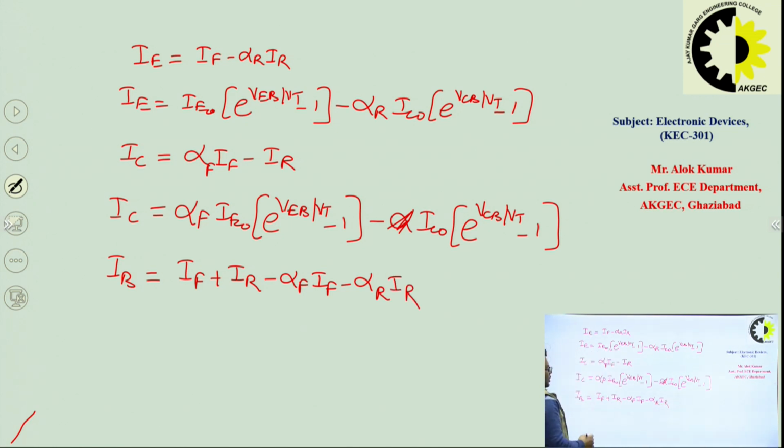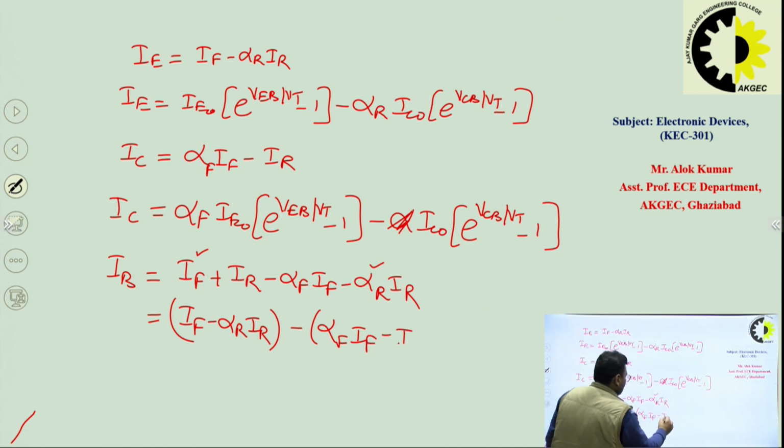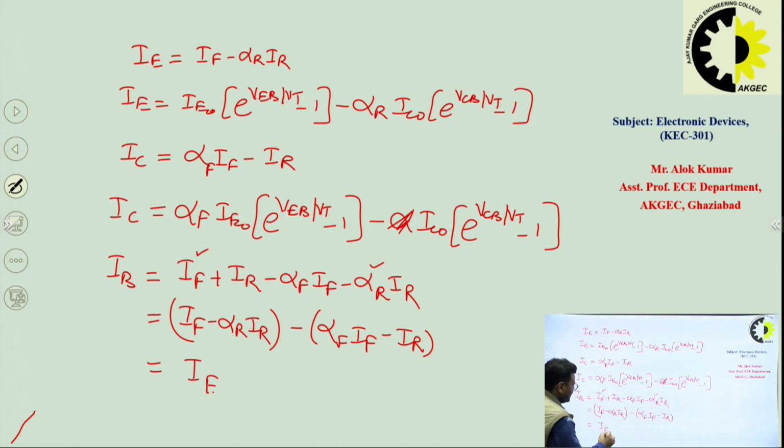If I take these two terms, that is IF and alpha R IR, it will be IF minus alpha R IR. And if I take minus common, I can write alpha F IF minus IR. So this is nothing but IE and this is IC. So this will be the value of IB.